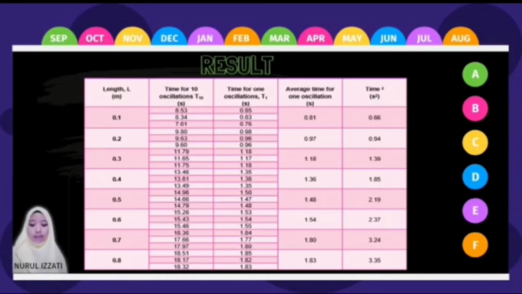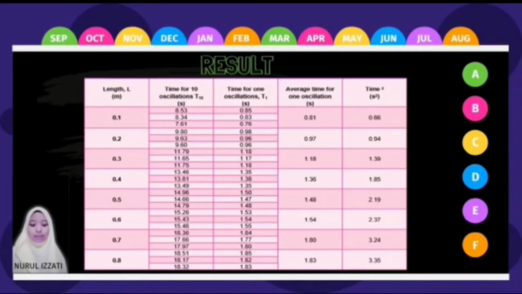For 0.5 meter, the average time is 1.48 seconds, and time squared is 2.19 seconds squared. For 0.6 meter, the average time for 1 oscillation is 1.54 seconds.